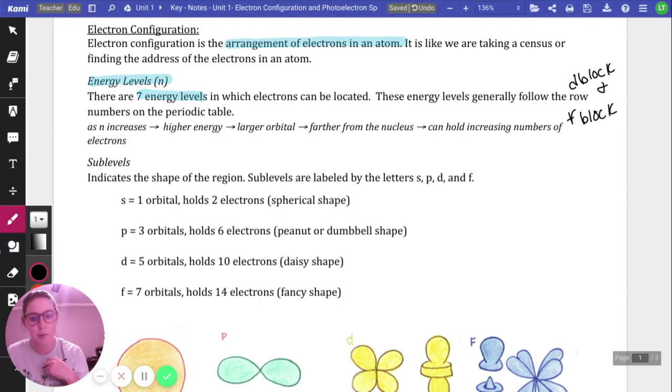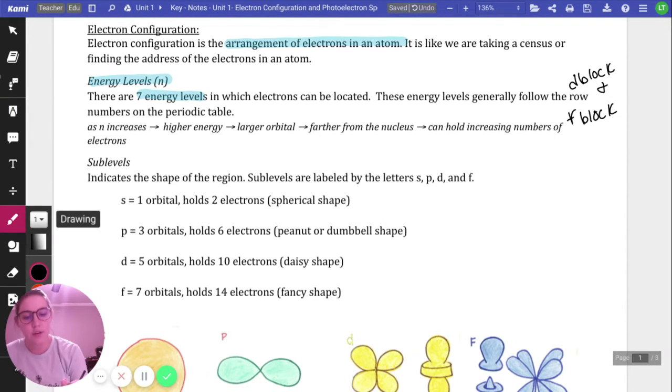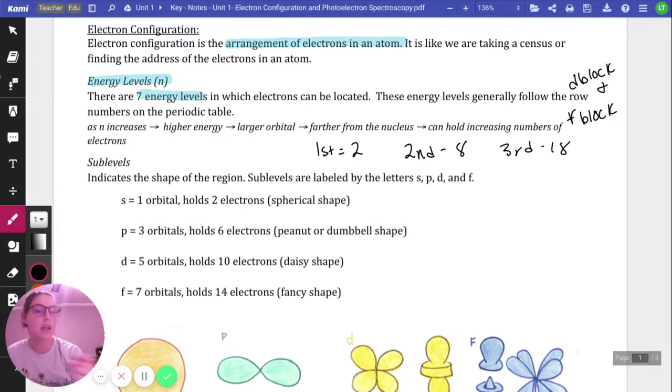One thing to note is that as our n gets bigger, energy level just represented by n, it means it's higher energy, it's a larger orbital because it's expanding as we go out, it's farther from the nucleus, and it can hold increasing numbers of electrons. For example, the first energy level can only hold 2 electrons, whereas the second can hold 8, and then the third can hold 18, and so on.